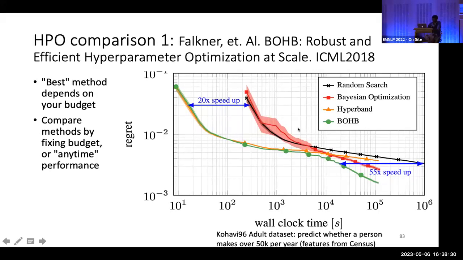And again, regret is your best found model versus the best possible model. Then they found that Bayesian optimization doesn't do much better in the beginning, but if you're given more compute, eventually Bayesian optimization does better. What they're arguing in this paper is they have the best of both worlds. If you don't have a lot of compute, their method still does as well. If you have a lot of compute, they still win. So one way to view methods is, what is your compute budget? Where are you on this curve? And that might decide which method to use.